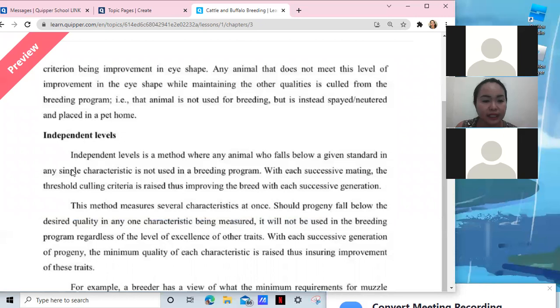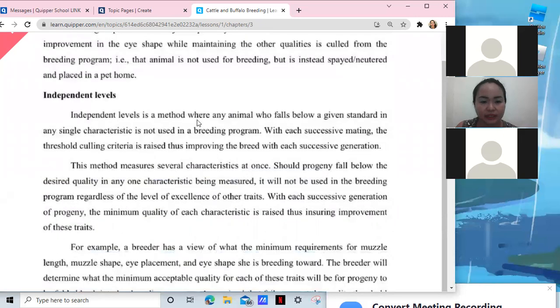So the second is the independent level. This is where an animal who falls below a given standard in a single characteristic is not used in a breeding program. And using successive mating, the threshold culling criteria is raised, improving the breed with successive generations. And once na dili ma-meet yung standard, kaya siya independent kasi single characteristic lang.